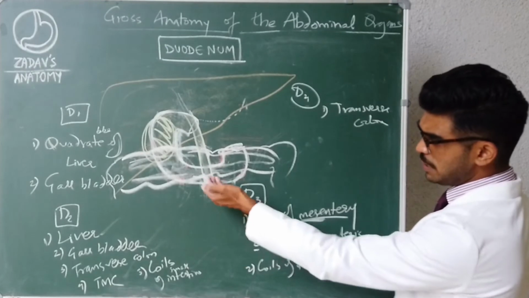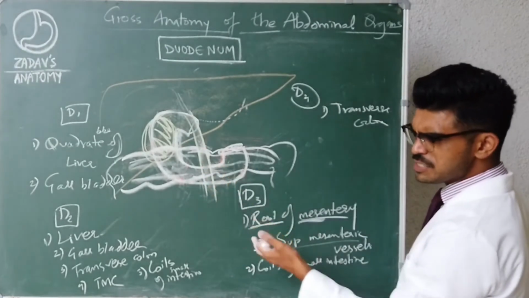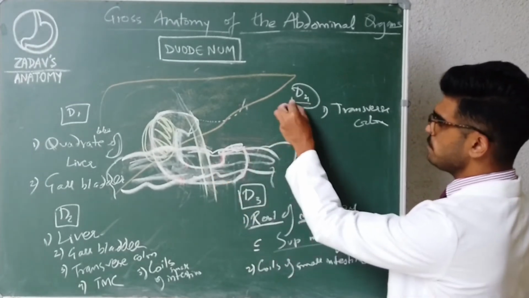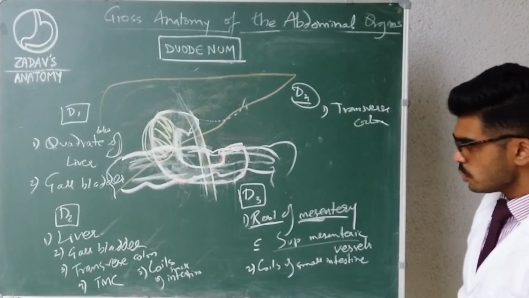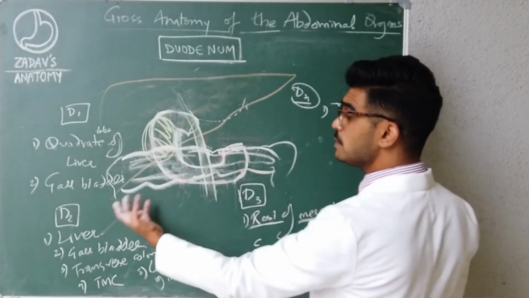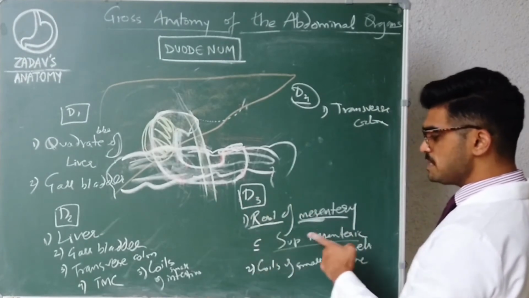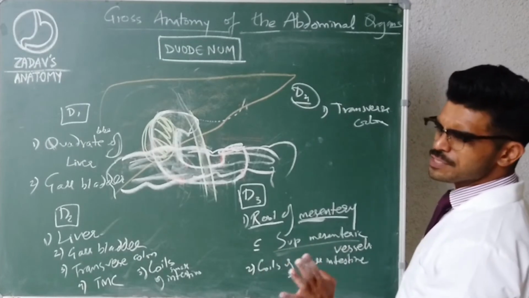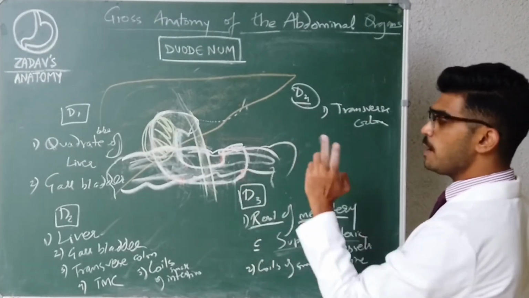If you want to say, you can also say the left gonadal vessels and the left sympathetic chain, or you can just say both of these in the posterior relations of the fourth part of the duodenum. Okay? So once again, the anterior relations of the third part of the duodenum are the root of the mesentery along with the superior mesenteric vessels and coils of small intestine. Not very difficult. Finally, the posterior relations of the fourth part of duodenum.